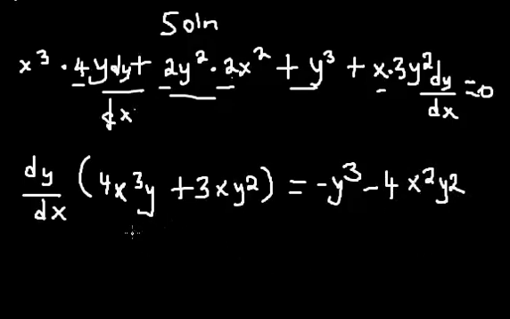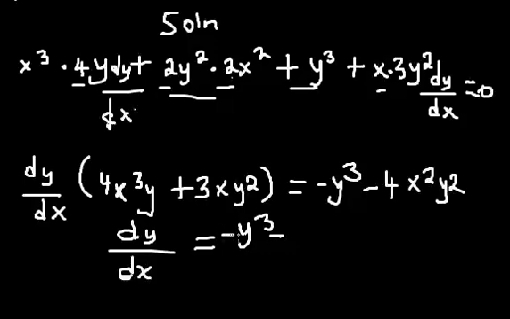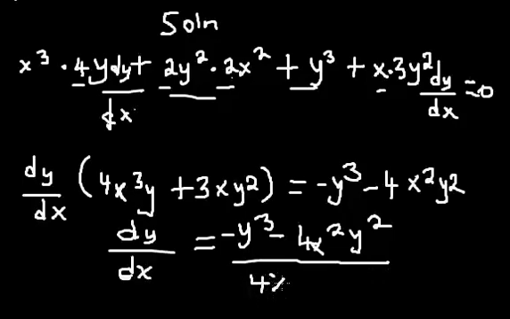So now I can get my dy/dx. dy/dx is going to be equal to minus y cubed minus 4x squared y squared, then all divided by 4x cubed y plus 3xy squared.